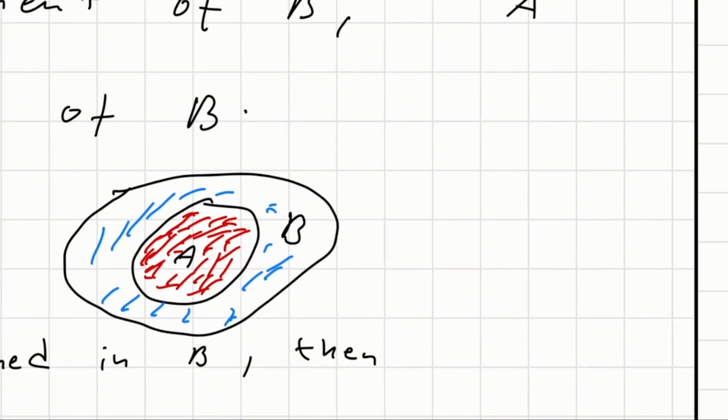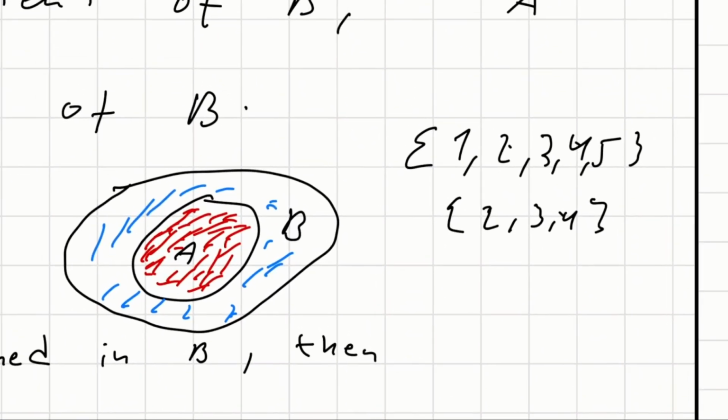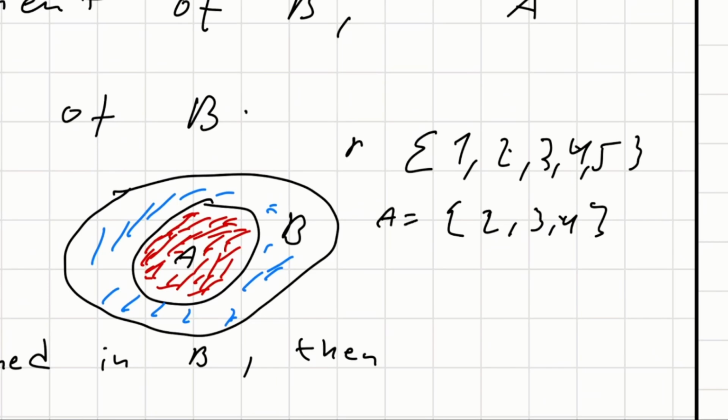So for example, if you have 1, 2, 3, 4, 5, and you have 2, 3, 4, then of course 2, 3, 4 is part of 1, 2, 3, 4, 5. So if this here is A and this here is B, not every element is the same, because clearly B has 1 and 5, for example.